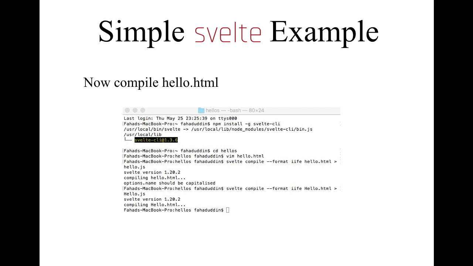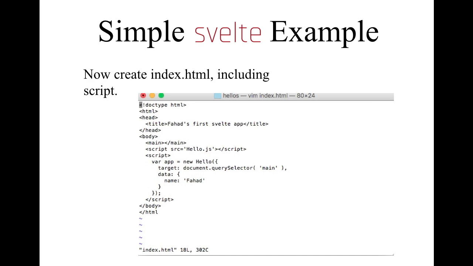Now you have to compile that hello.html file. Just write svelte compile --format iife hello.html to hello.js, and after compilation you'll see this picture. Now create an index.html including scripts like this.